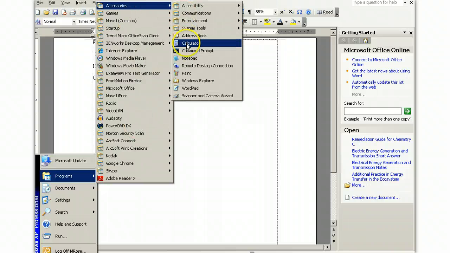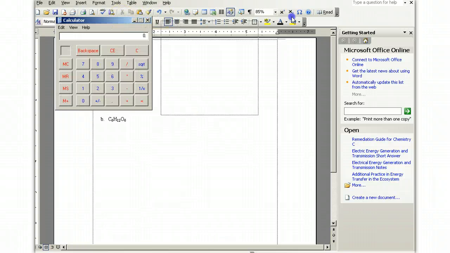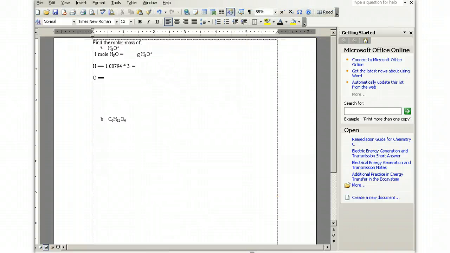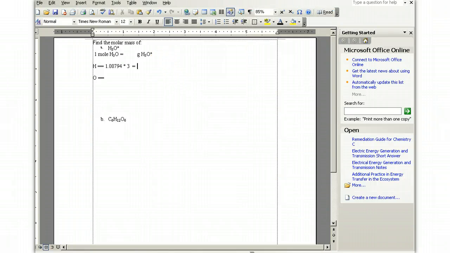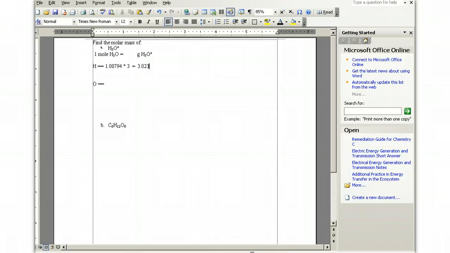Using my handy dandy calculator, I can determine that 1.00794 times 3 is going to give me 3.02382.